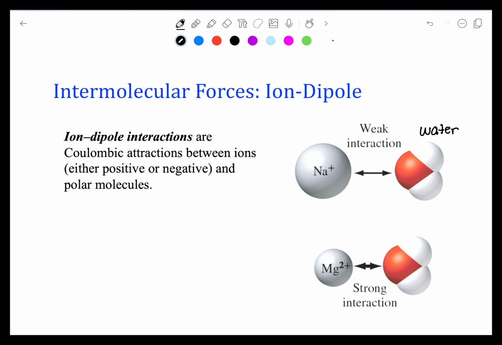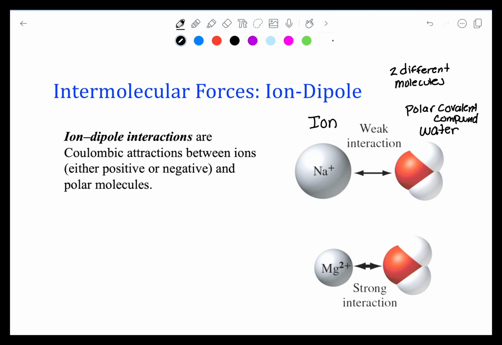This is going to be between two different molecules, because we're talking about an ion and a polar compound, a polar covalent compound. Okay, so this is the only one that's between two different molecules.